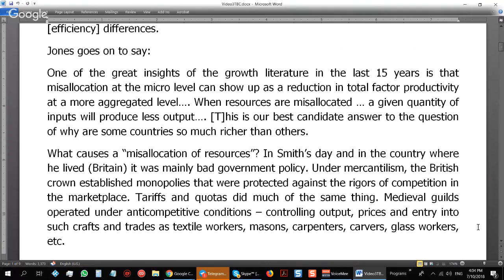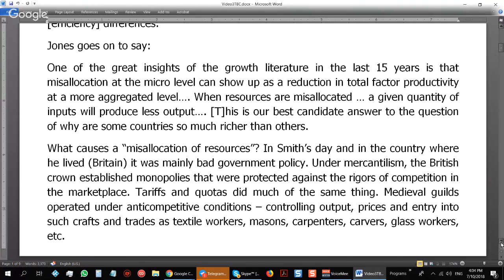Tariffs and quotas did much of the same thing. Medieval guilds operated under anti-competitive conditions, controlling output, prices, and entry into such crafts and trades as textile workers, masons, carpenters, carvers, glass workers, etc.